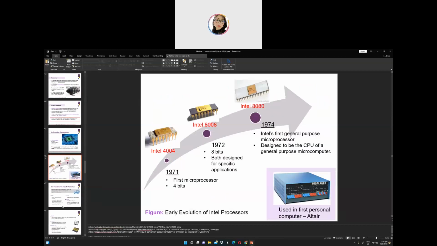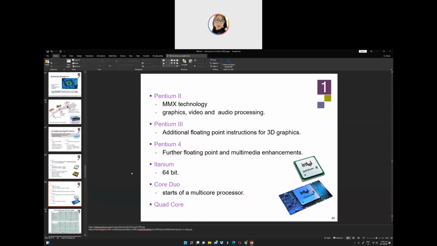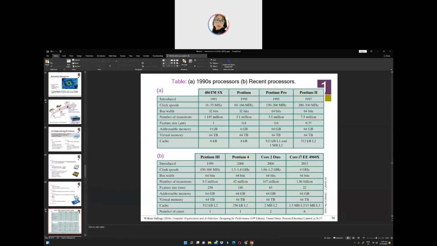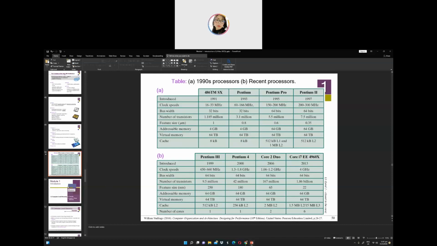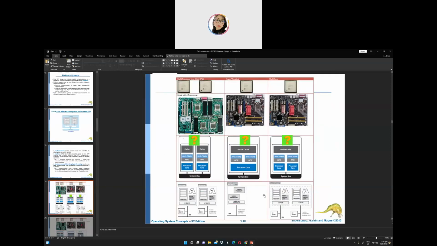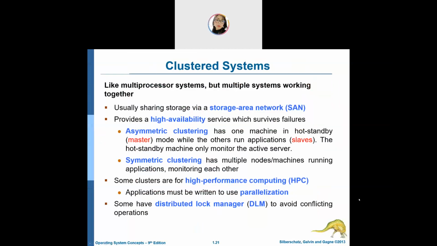And if you still remember, you have done all of this also. Here is the processor from Pentium until Core 7. That's why I said it is more repetition, but it's not full enough, I think. So you can refer back to your COA subject.